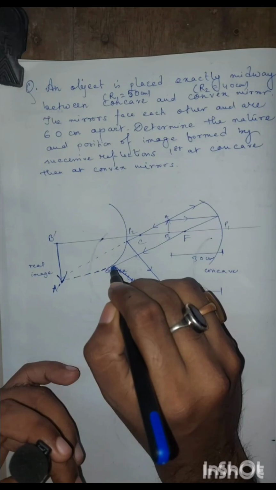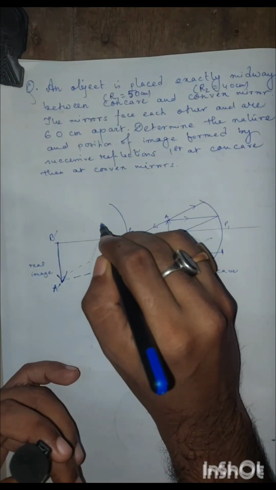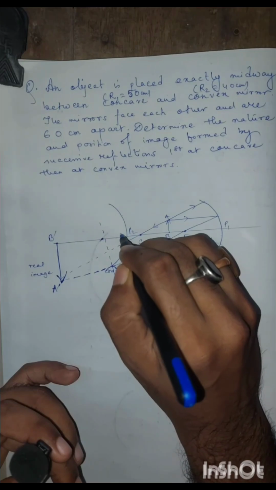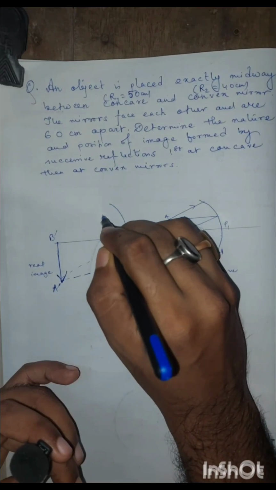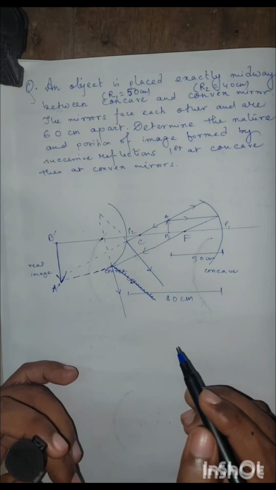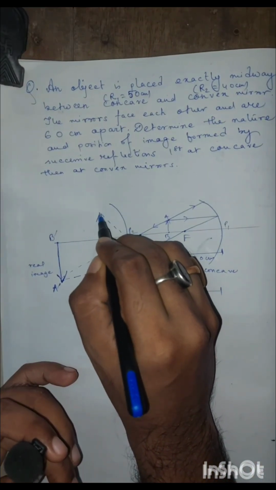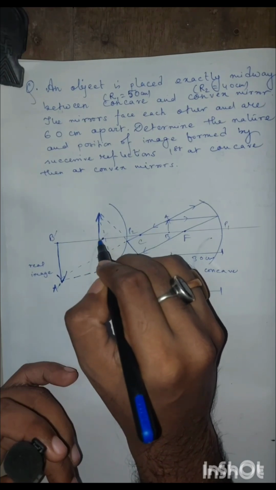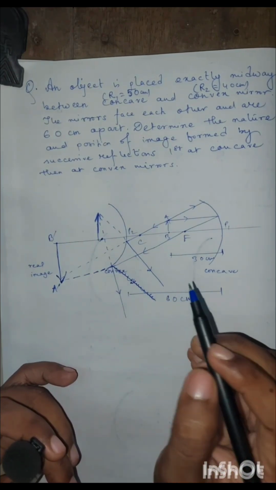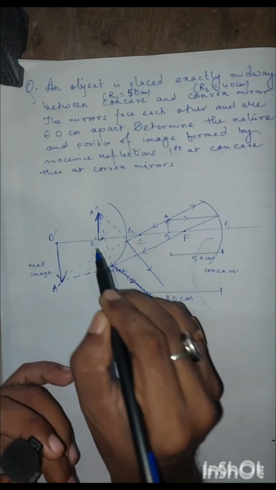If we drag these rays backwards, they will meet at a point and form a virtual image A double dashed B double dashed.